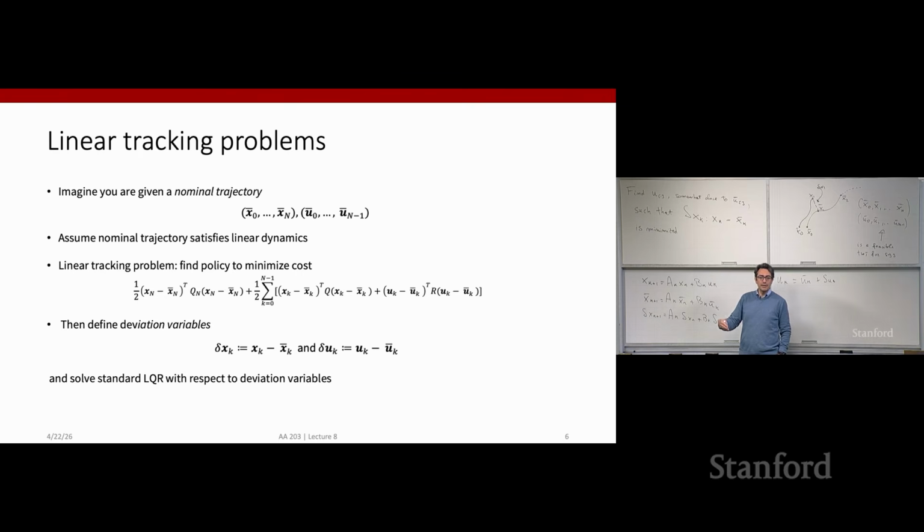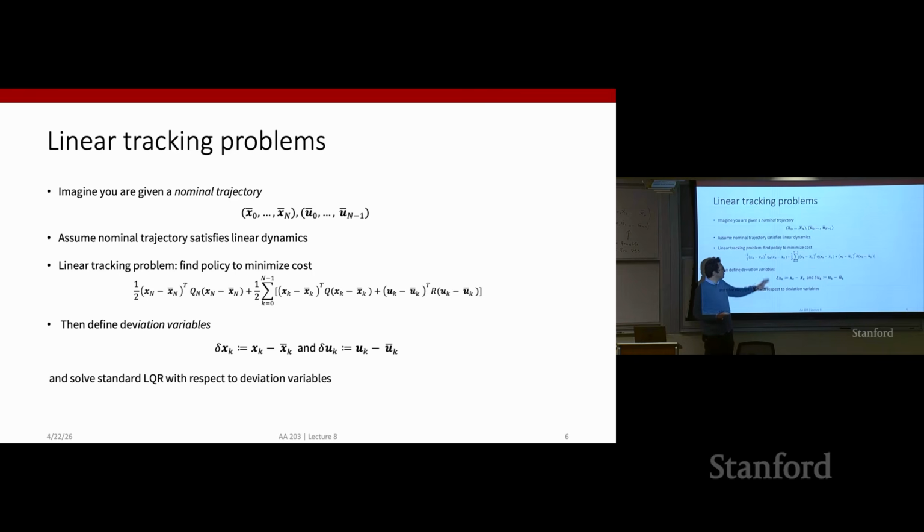But how do you pick delta u such that delta x goes to 0? You set up an auxiliary LQR problem, whereby you set up a cost function that is quadratic in the deviation variables for the state and quadratic in the deviation variables for the controls. You pick R, Q, and Q_N. These are design parameters.